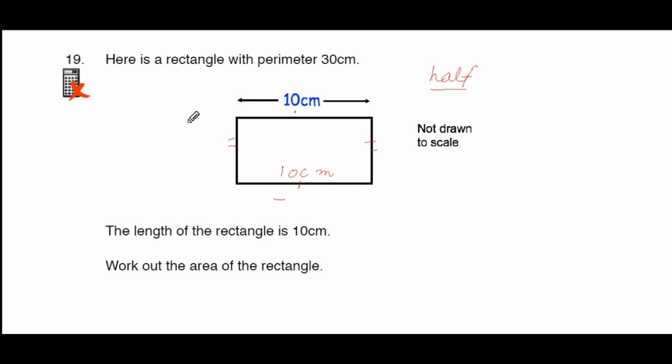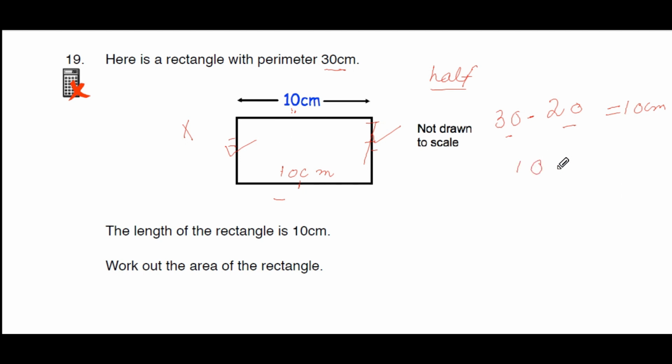We know two sides, and the total is 30. So if you take away 20 from 30, what will you be left with? 10 centimeters, which will be the length of the other two sides. That will be your width.